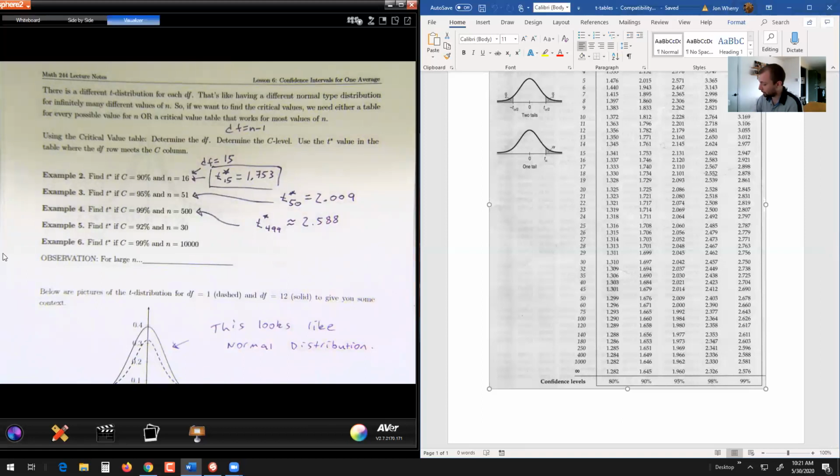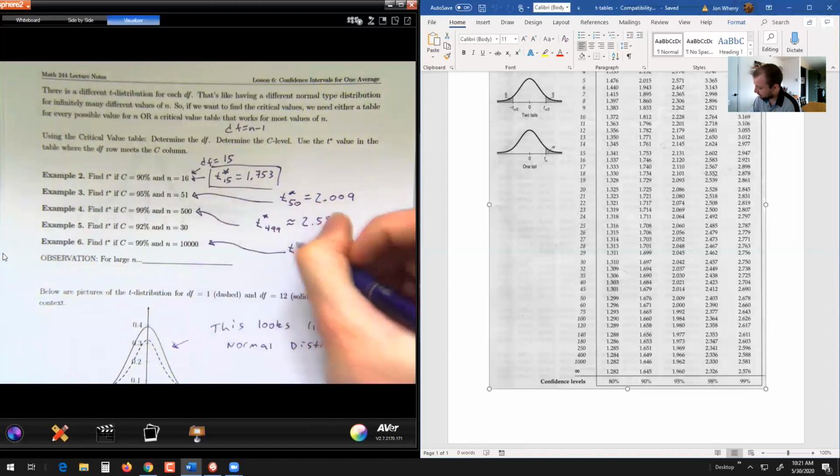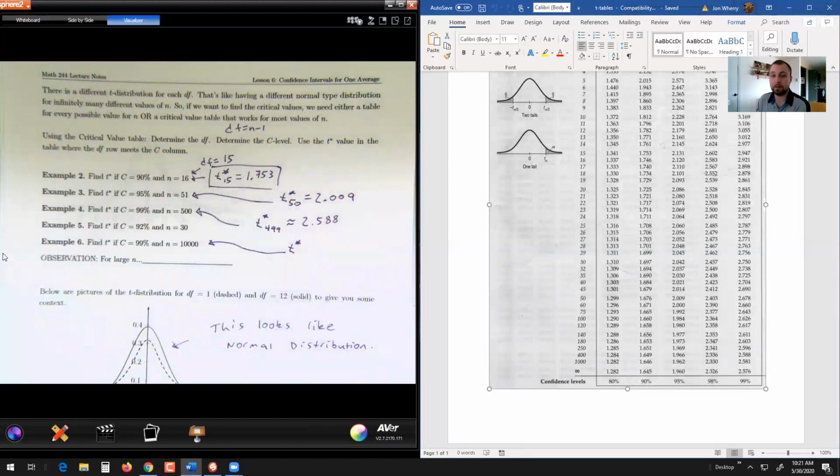Let's do one more. T star. And if you're following along at home, try pausing the video and see if you can figure out what that degree of freedom is. And then use the table to the best of your ability to see if you can find T star if we're dealing with 99% confidence. Okay, assuming you paused the video and tried that out, let's take a look.